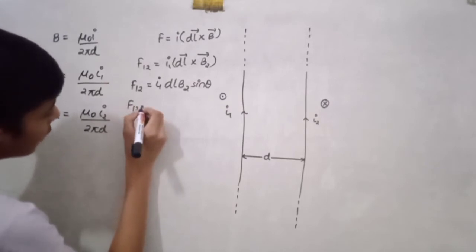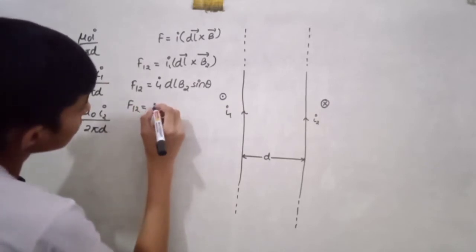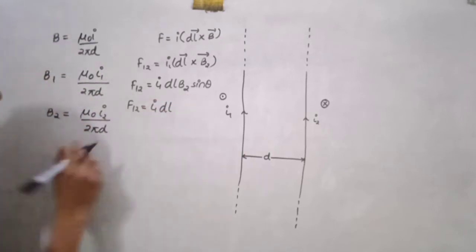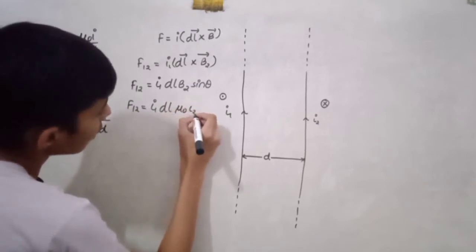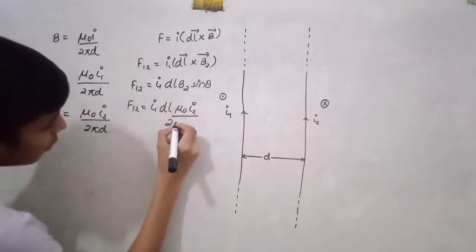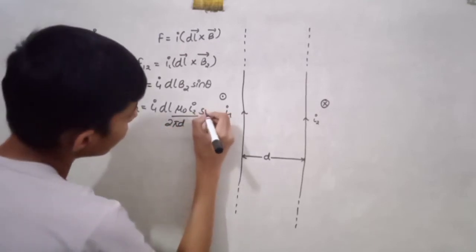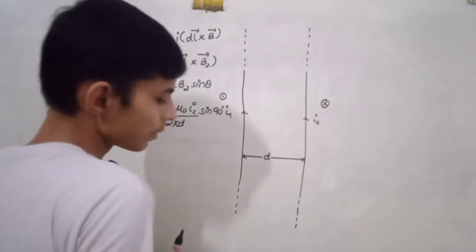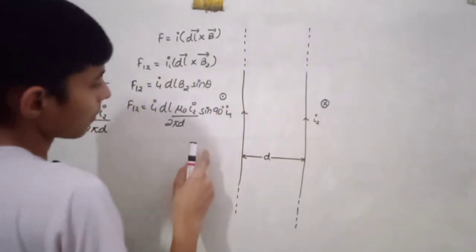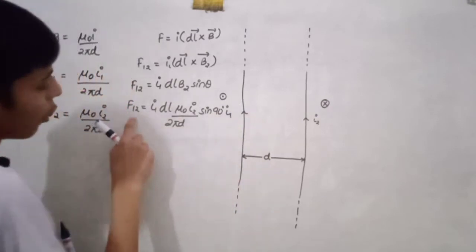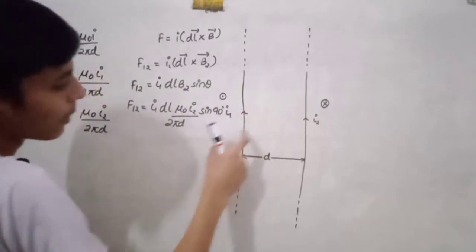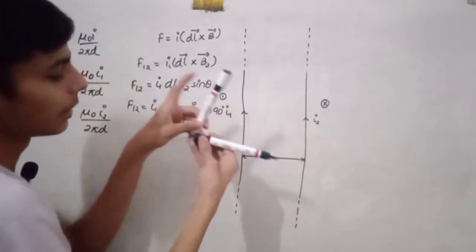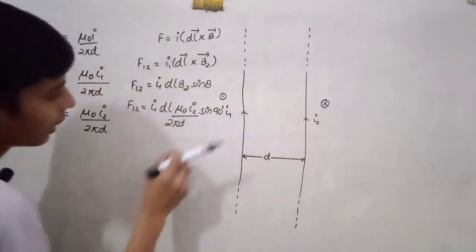Now force on 1 due to 2 is I1 dl B2 sin theta. Then force on 1 due to 2 is I1 dl, and the magnitude of B is mu naught I2 divided by 2 pi d into sin 90 degree, because wire 1 is present in the magnetic field of wire 2, so the direction of current is like this and the magnetic field is outside the plane, and this angle is 90 degree. So here sin 90 equals 1.